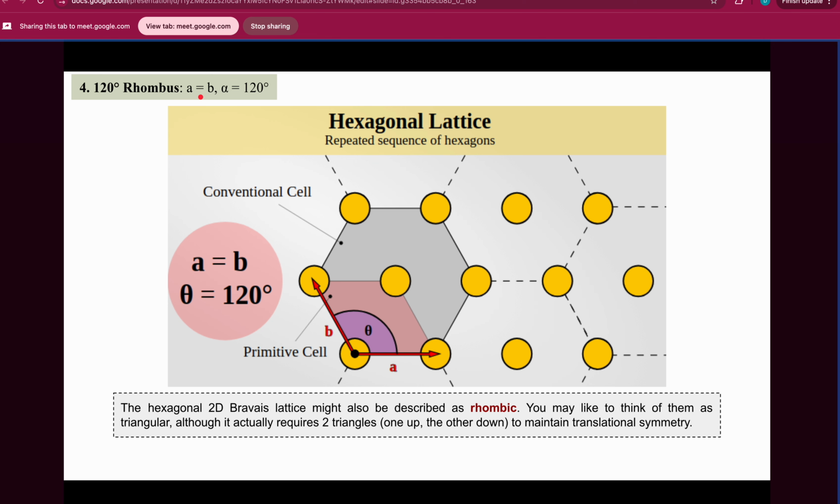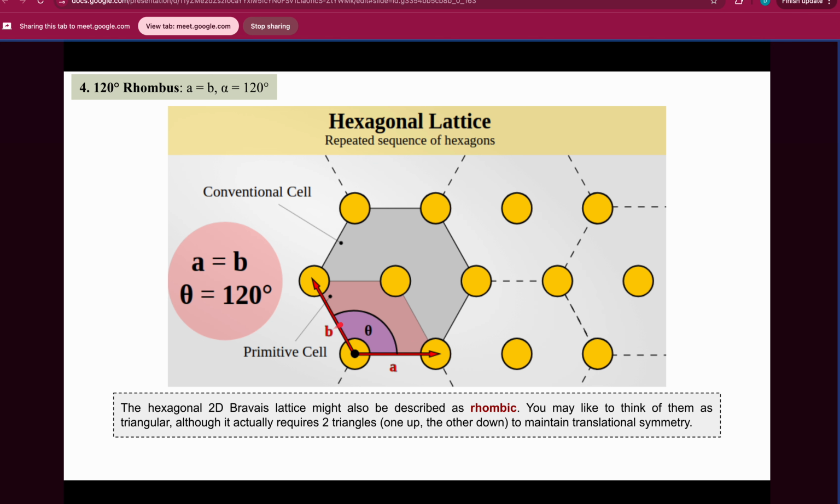And then comes the 120-degree rhombus. In this case, A is equal to B, the distances are equal, and this theta is precisely equal to 120 degrees. By convention, it appears to be a hexagonal lattice, but somebody can also perceive it as a rhombus if we consider this particular plane.